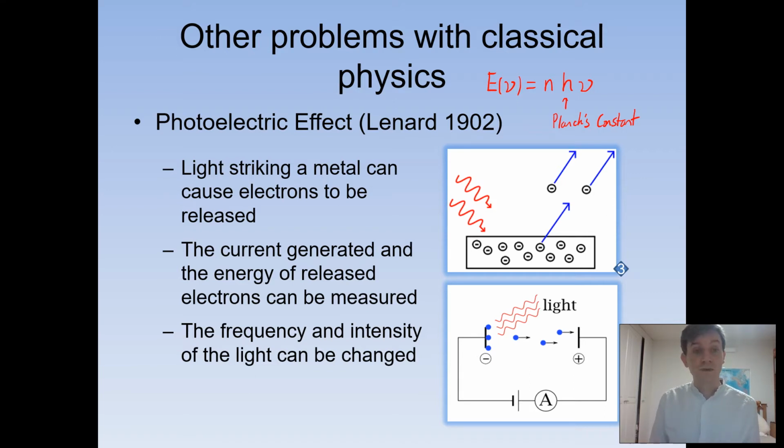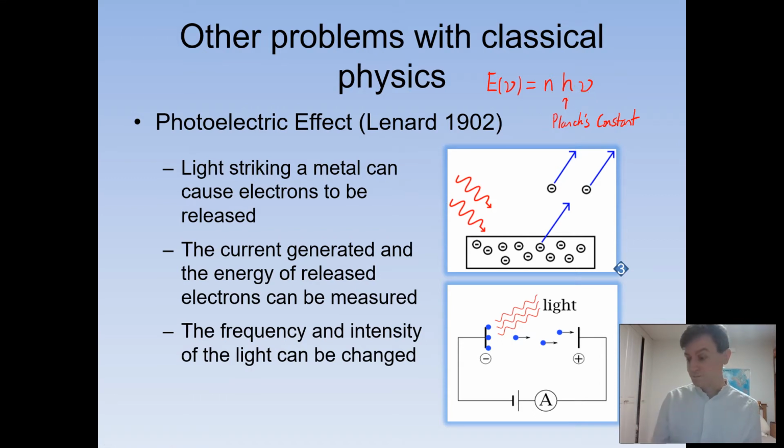So what I want to talk about in this video is another piece of experimental evidence which added more weight to this idea that light indeed is not only quantized in terms of energy, but each of these units of light, the quanta as they are known, these quanta of light with energy h nu behave like individual particles.